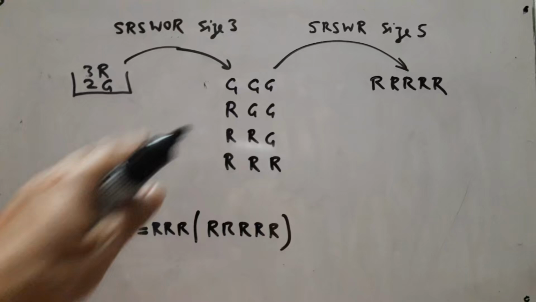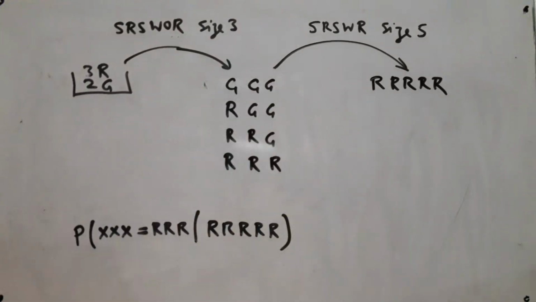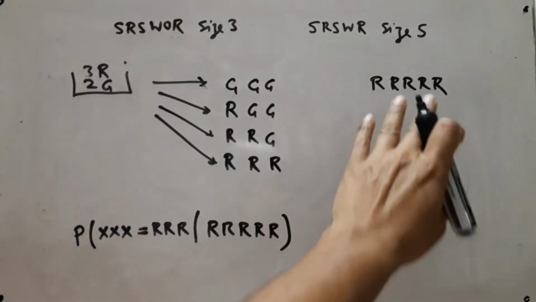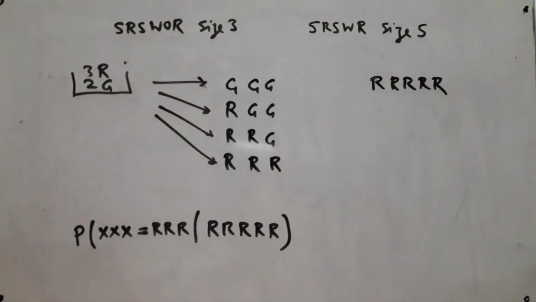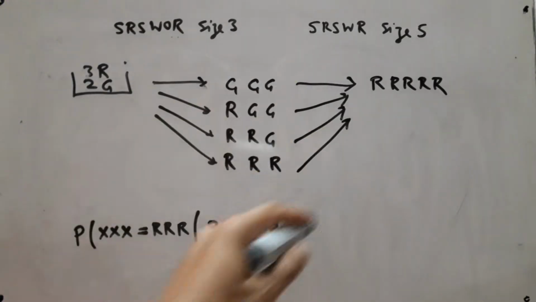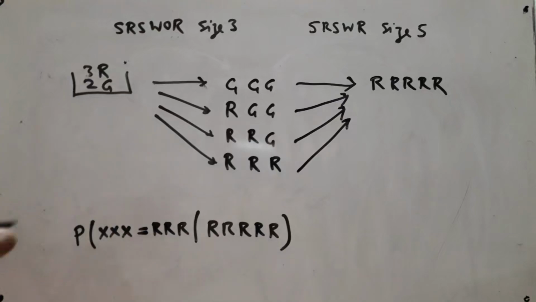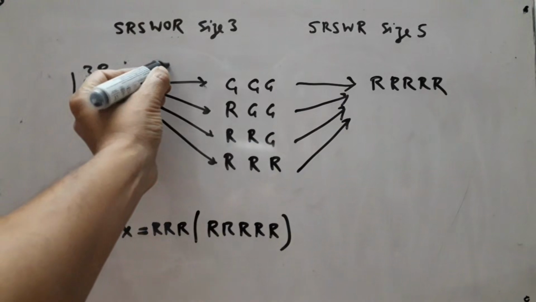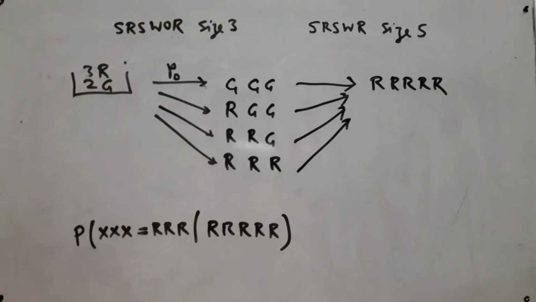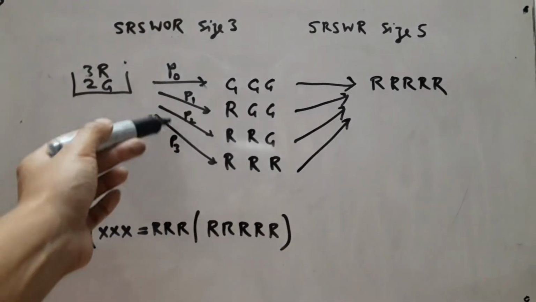And then from this, any of these things may result. And similarly, this may result from these things. Then we work out all the probabilities. I am not going into the exact computation, just the overview. Suppose I call this P0. Similarly, P1, P2, P3.